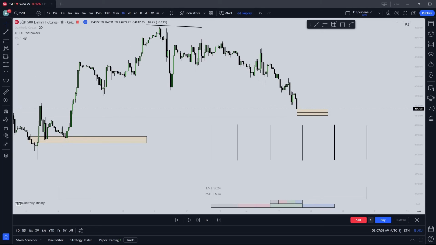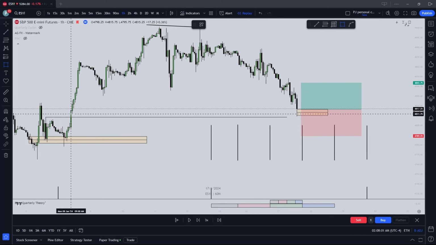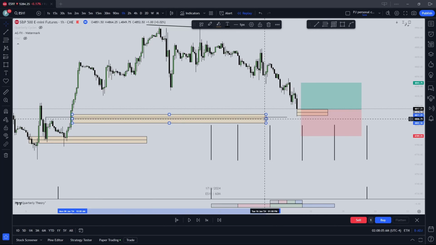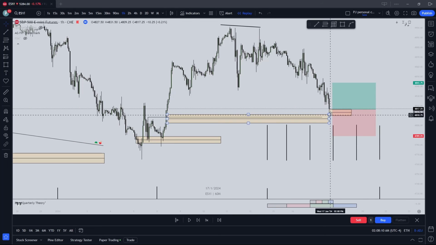We can get anywhere here. And we look, where is our PD array that we're delivering from? Now we have ourselves where we want to be positioned, where we're also delivering from, correct?